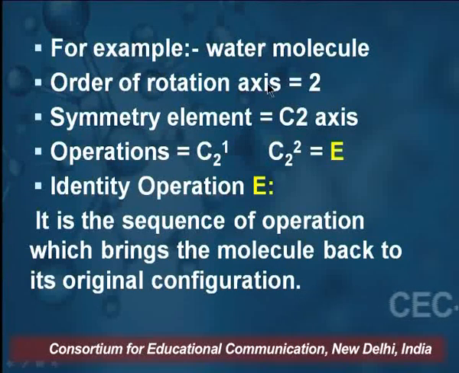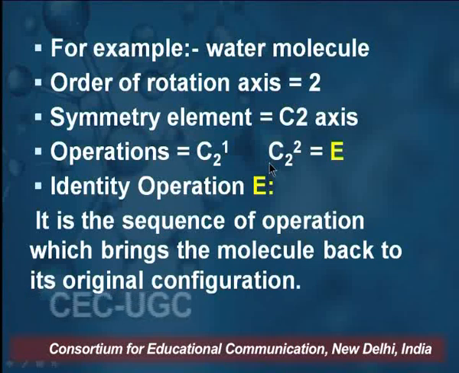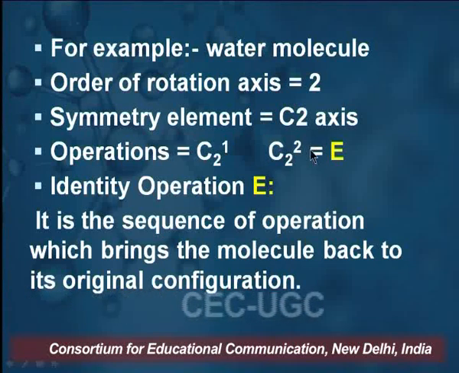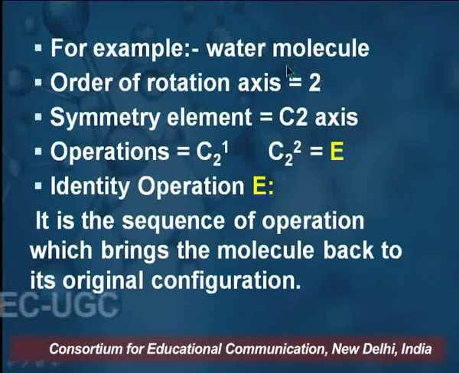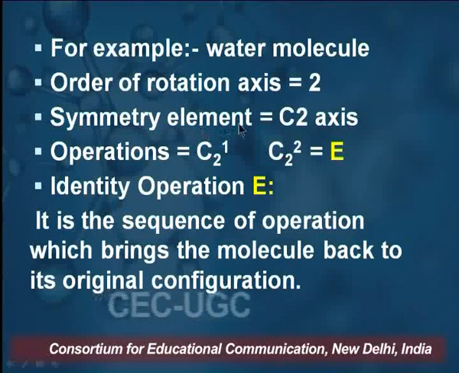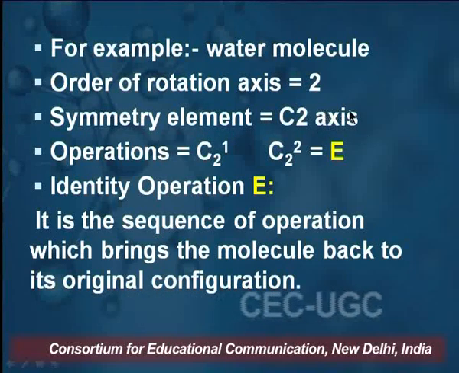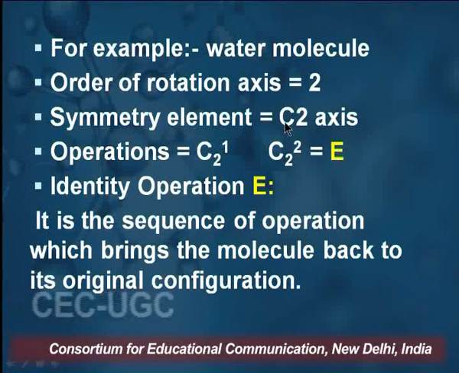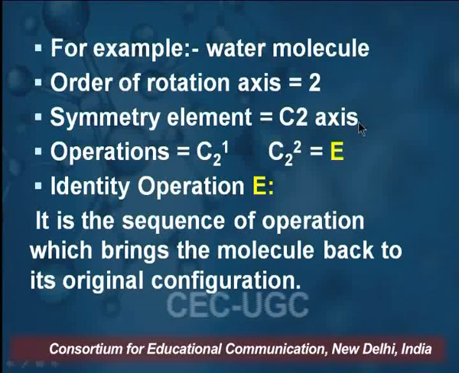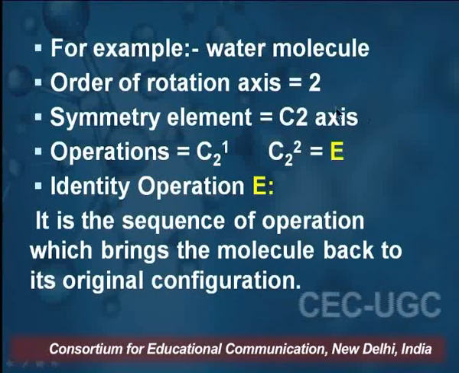So supposing I say that I am rotating the molecule by 180 degrees, I will get an equivalent structure, and then I rotate it by another 180, because what we are saying is the order of rotation axis is 2. So if the order of rotation axis is 2, that means the 360 divided by 2 value will be 180.